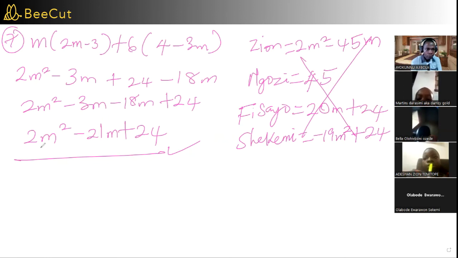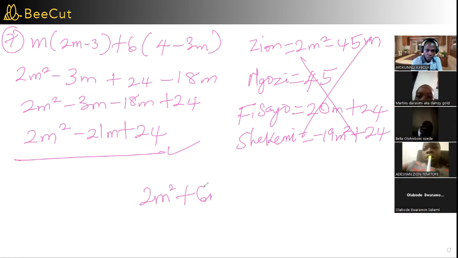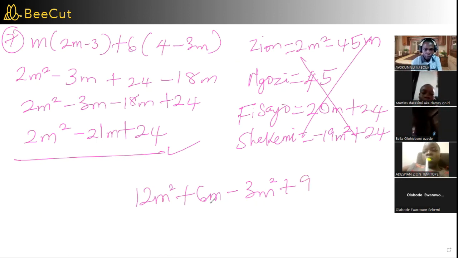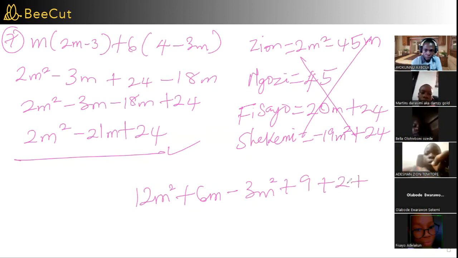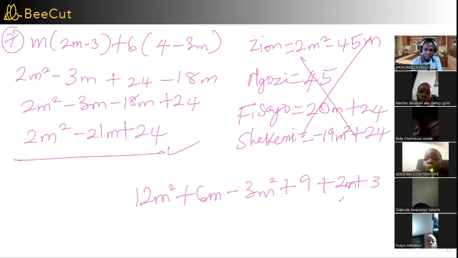Whenever you see anything in degree like this, let's say you have 2m squared plus 6m minus 3m squared. Let this one be 12m squared minus 3m squared plus 9, plus 2m and plus 3. If I ask you what the final answer is, please focus, Shikemi, I'm not seeing you.